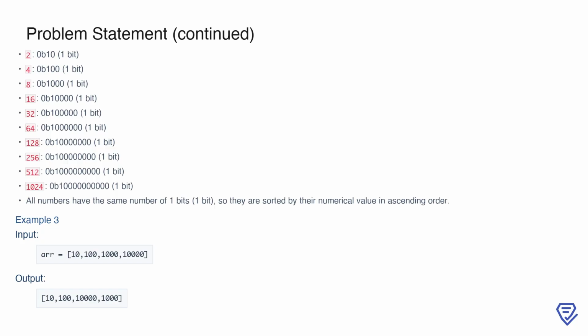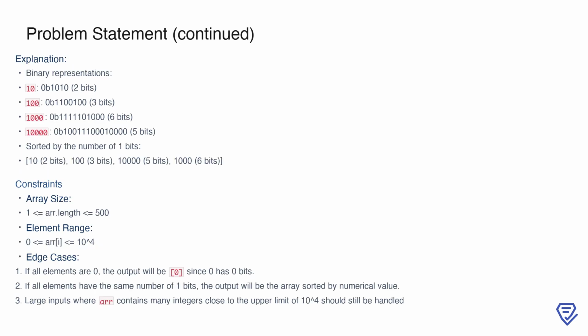For instance, 1 is 0b1 with 1 bit, 2 is 0b10 with 1 bit, 4 is 0b100 with 1 bit, and so on. All the numbers in this array have exactly 1 bit set to 1. Since the number of 1 bits is the same for all elements, they are sorted purely by their numerical value in ascending order. Let's look at one more example for clarity.